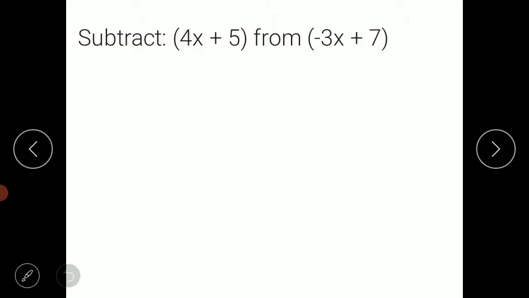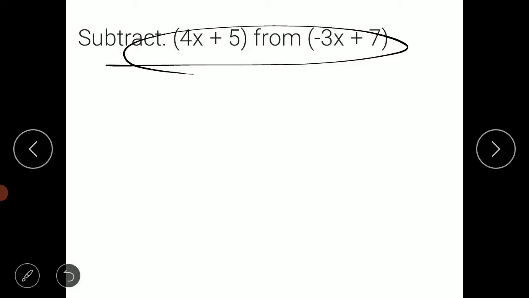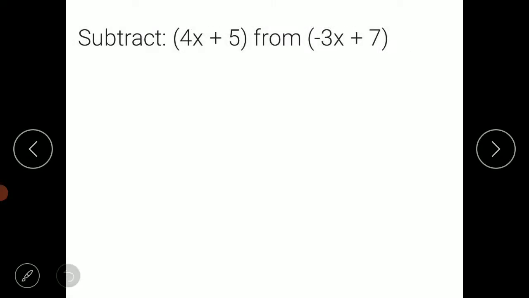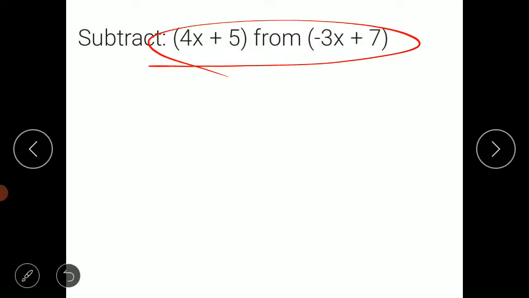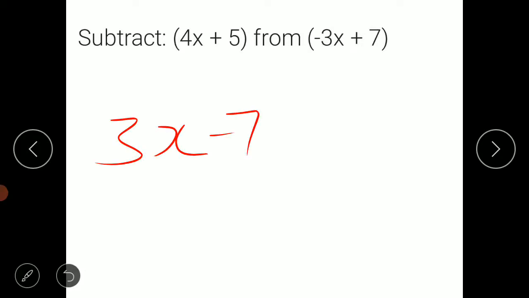In subtraction, when you get question like this, actually it's not direct subtraction, is it? From this expression we need to subtract this. Did they give like this directly, 3x minus 7 minus of like this? Did they give? No, they didn't give directly.